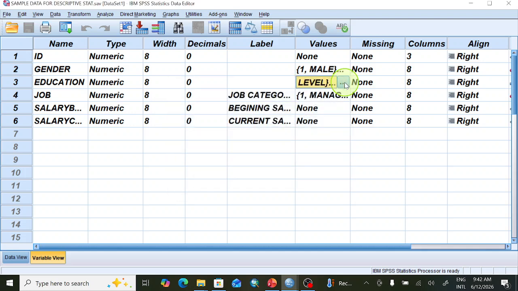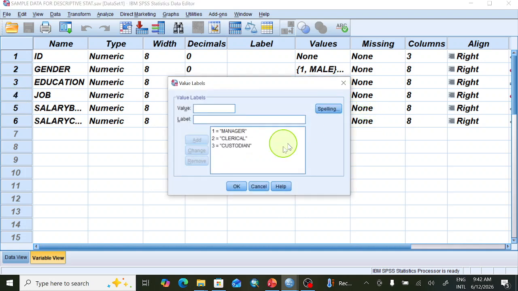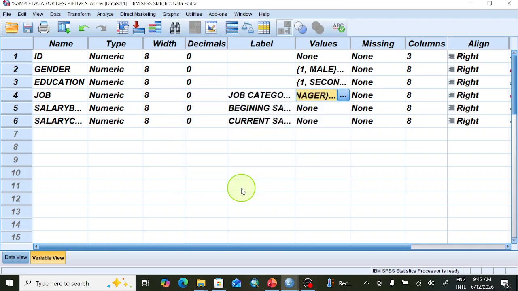And this one here is what? It is ordinal. Then you have the job title. The job title will have manager 1, clerical 2, and custodian 3. So the job title is nominal, whereas the beginning salary and the current salary are scale data.